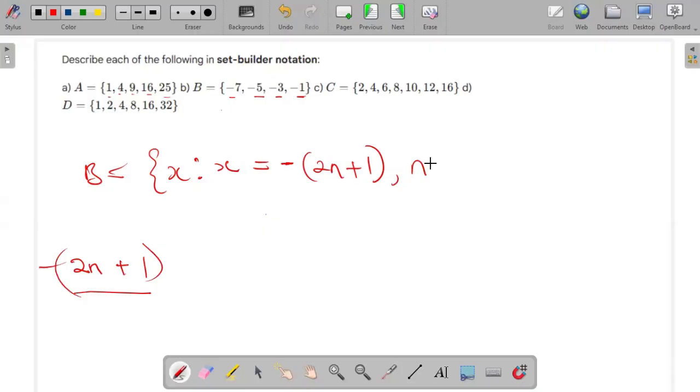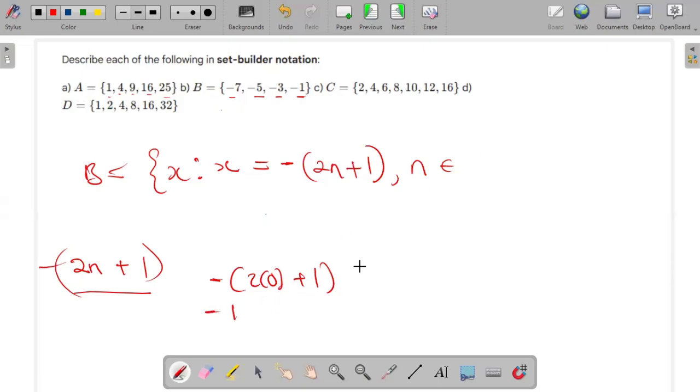But then what is my n? What numbers are there to be my n? So my n is just a member of, so the first one is 0. The one which gives me the -1 is 0. Observe that when n is 0, meaning negative 2 times 0 plus 1, this gives us -1.